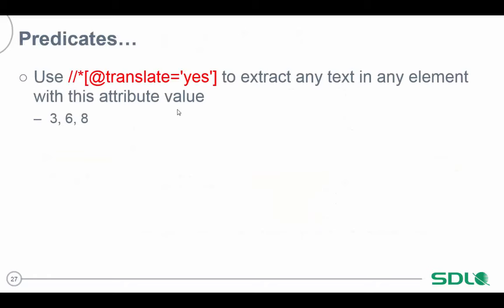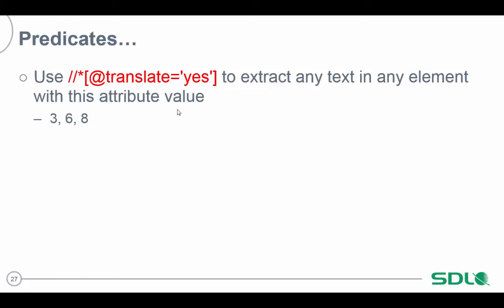So take something like this. I'm going to use this particular XPath expression to extract any text in an element which has this attribute value, this attribute value being yes. So with the // star, I'm saying look at all the elements, and then I'm being specific with the predicate, and I'm saying within those elements, look for an attribute, that would be the verb, @translate, and then the testing bit to really specify it is that it must equal yes.